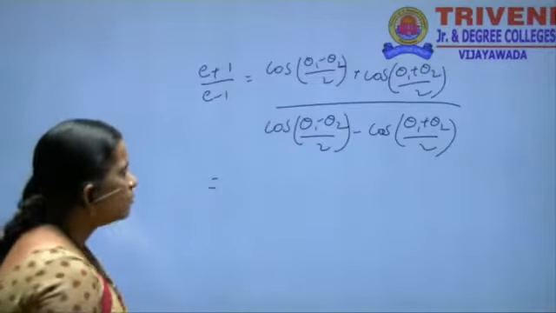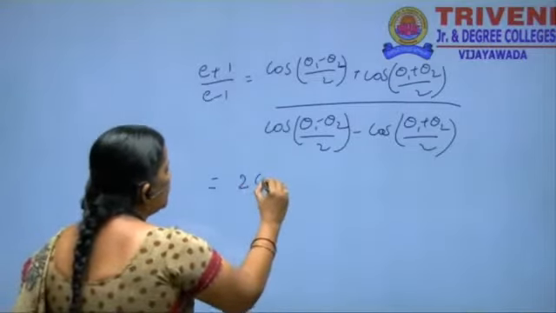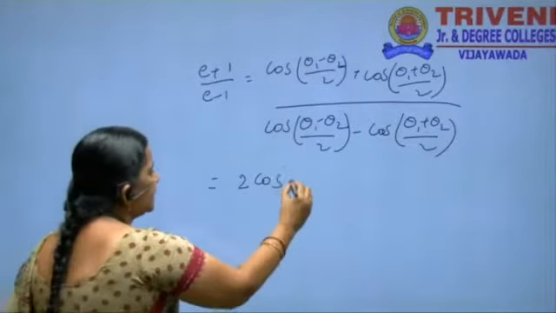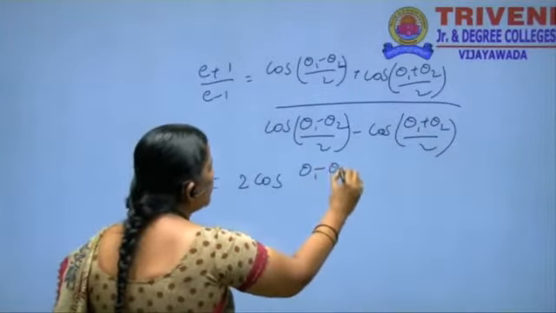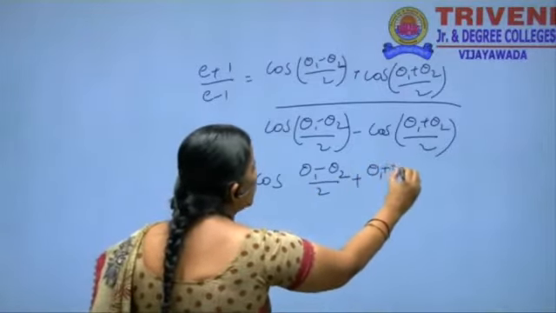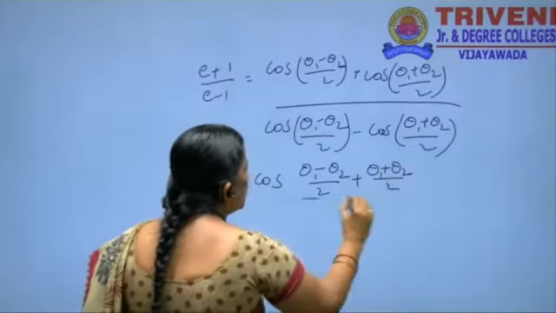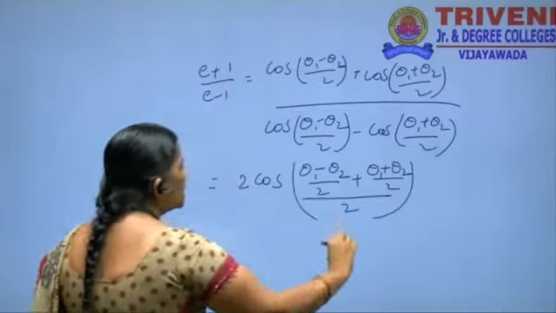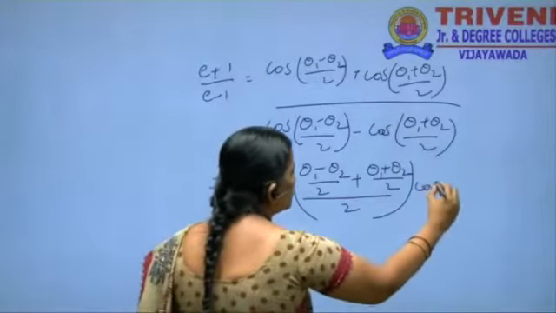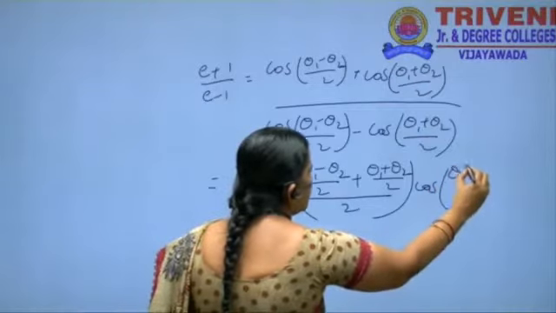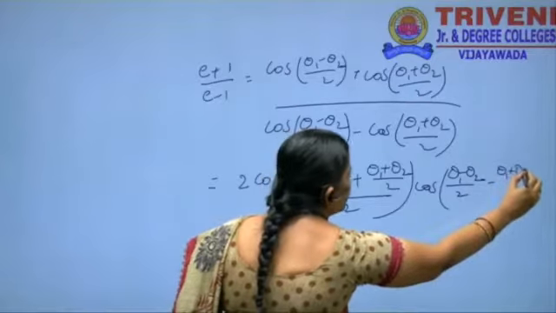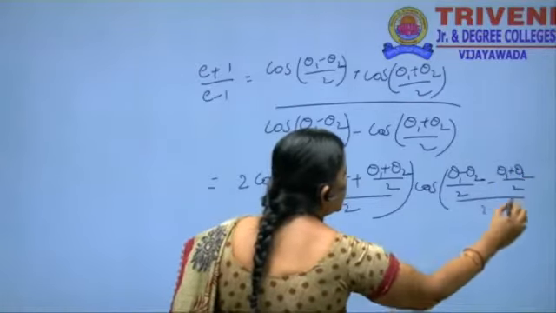That is 2 cos C plus D by 2 into cos of C minus D by 2. Here C is theta 1 minus theta 2 by 2, so C plus D by 2 is theta 1 plus theta 2 by 2 by 2, and cos of C minus D by 2 is cos of theta 1 minus theta 2 by 2 minus theta 1 plus theta 2 by 2, by 2.